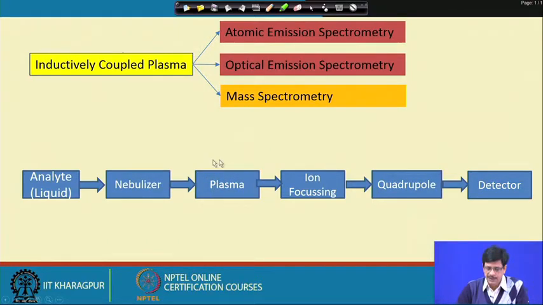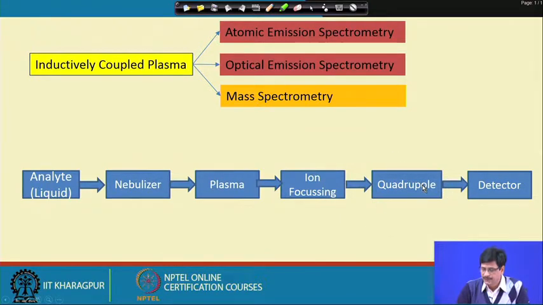Once they are converted into an ionic state, they are guided through ion focusing by appropriate application of current, in what are called the ion lenses, so that the ions are focused and guided through a quadrupole, where there are 4 rods provided oppositely with direct current voltage and radio frequency voltage.